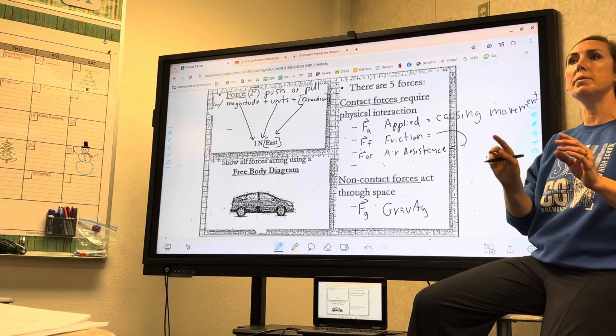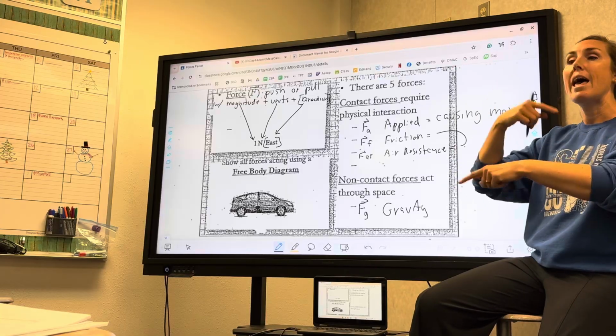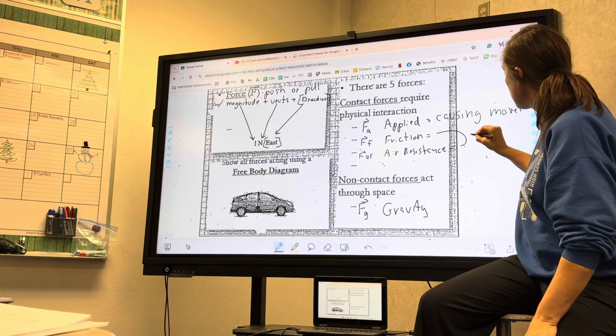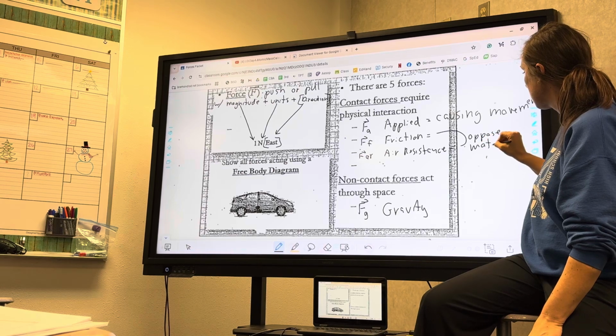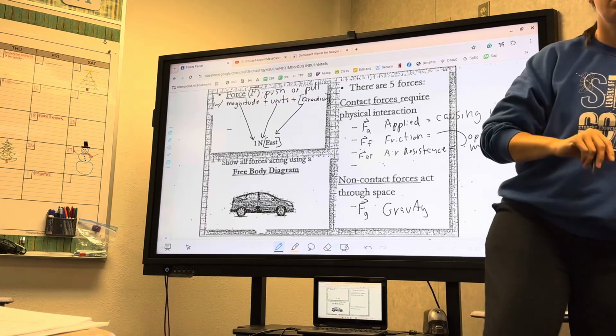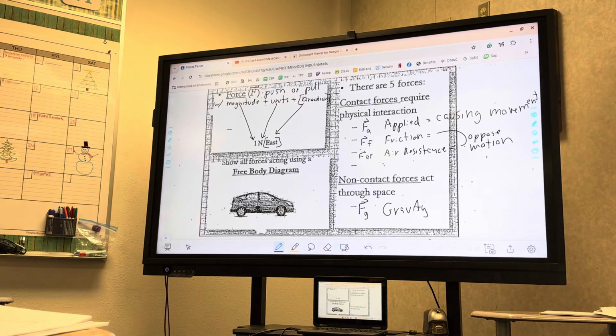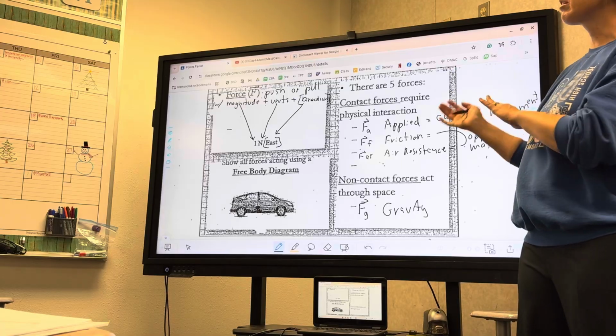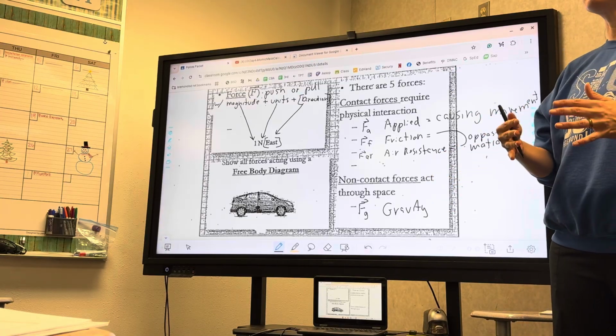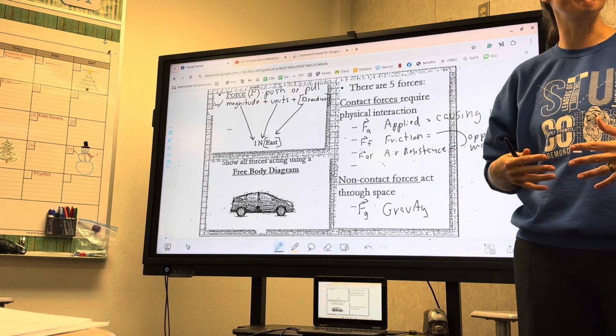What does the word oppose mean? Act against. Act against motion, oppose motion. Unless it says it's on ice, that's a frictionless surface, and that ball keeps on rolling across the ice, or that figure skater keeps on going across the ice, friction slows you down. Carpet has a lot of friction, okay?